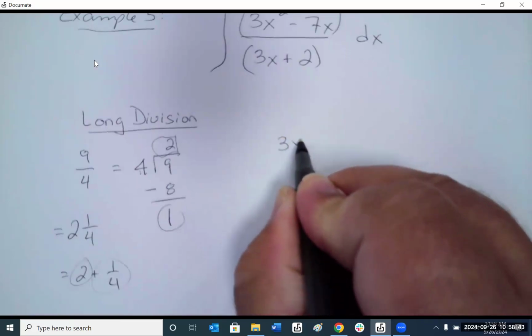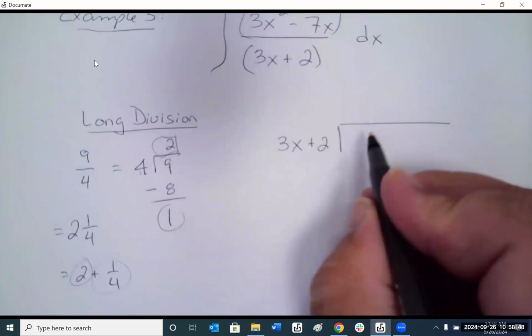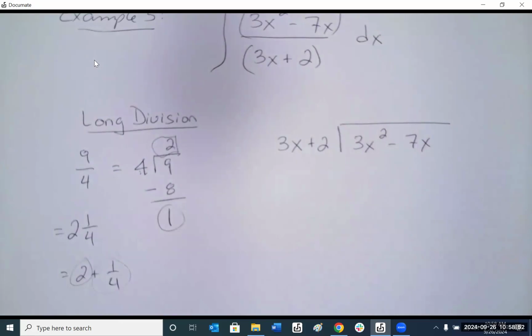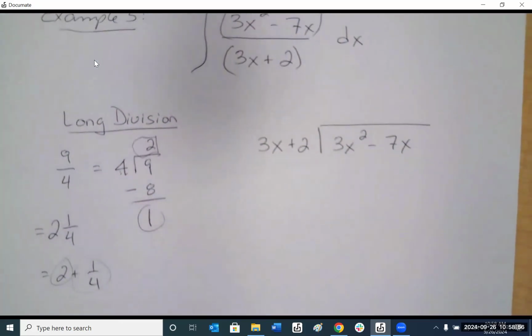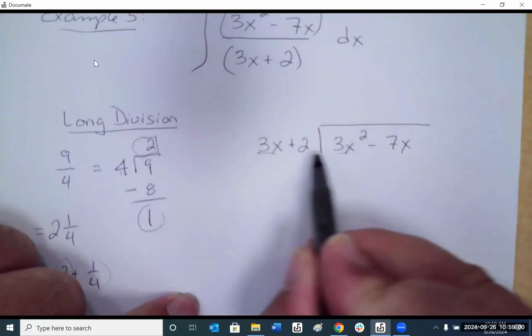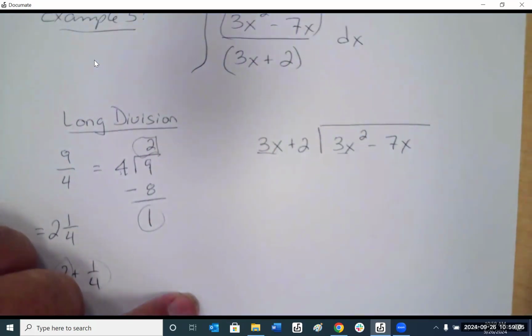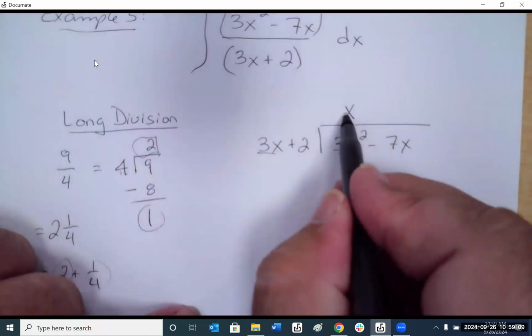We have 3x plus 2 going into 3x squared minus 7x. How many times? So look at the first terms. What times 3x gives me 3x squared? X. So now I multiply.